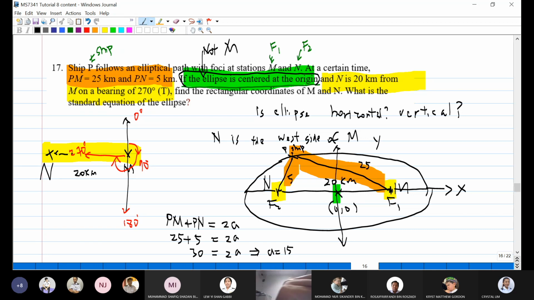If you draw carefully, the distance from here to here is 2A. 2A is equal to 30, A equal to 15, right?